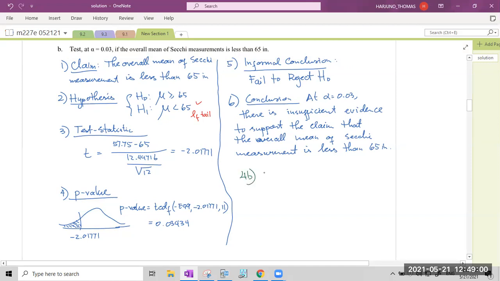Extra credit, critical value, 3% on the left tail, and that's t critical. It's inverse t, 0.03, degrees of freedom 11.